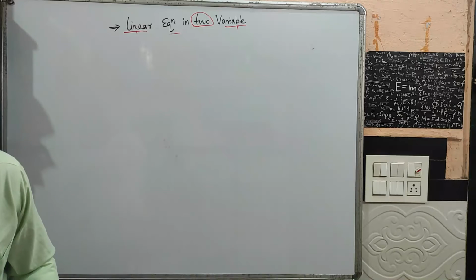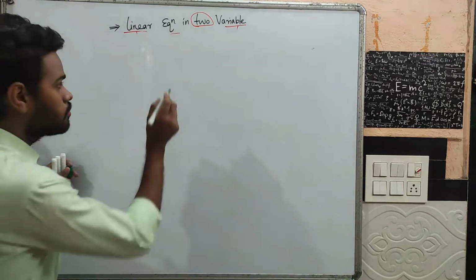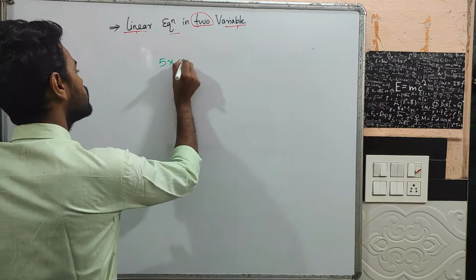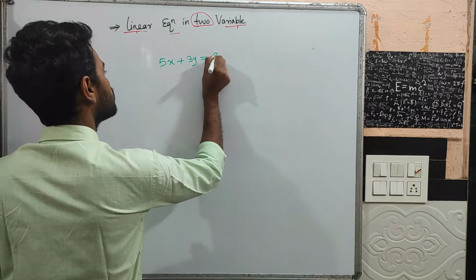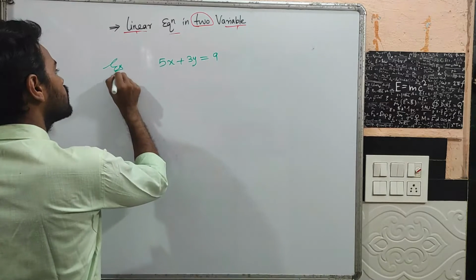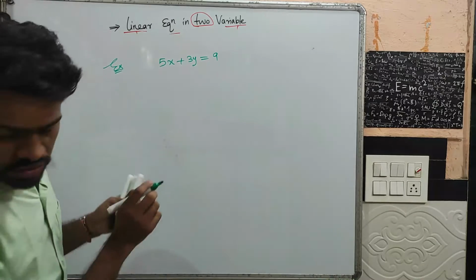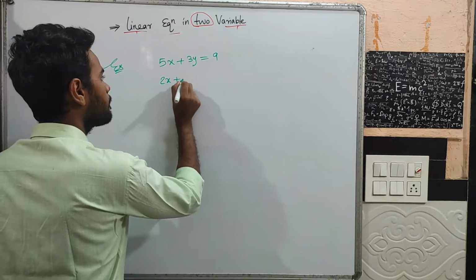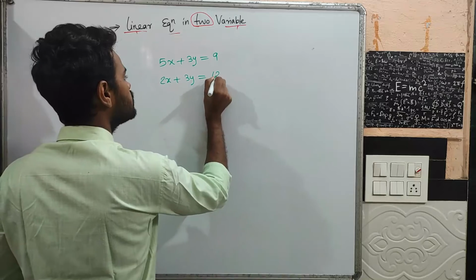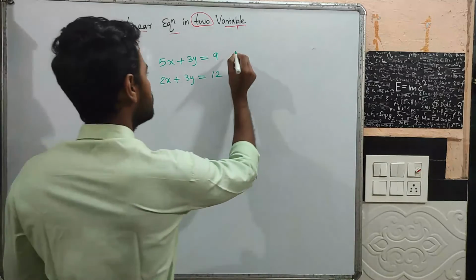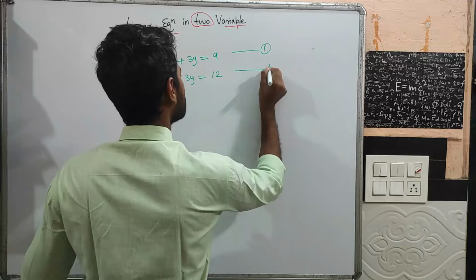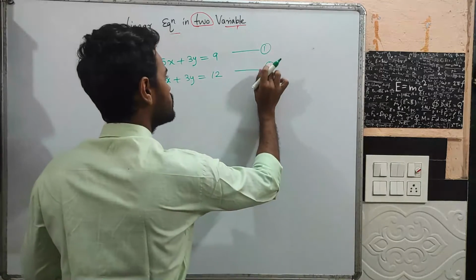Let's say the question is 5x plus 3y equal to 9, and the second equation is 2x plus 3y equal to 12. Let's say this equation is first and this equation is second.